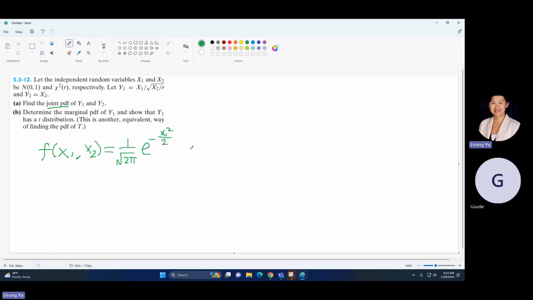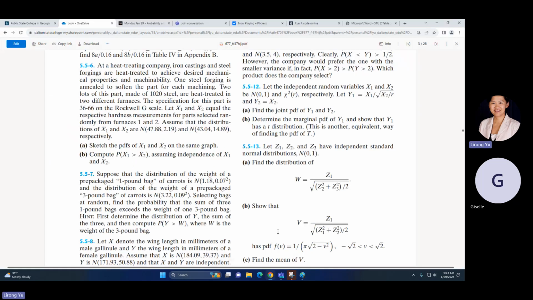That's the density function for X1, and then the density function for X2. It was a chi-square distribution. That was 1 over gamma, 2 to the power r or 2r. Let me try to confirm that.